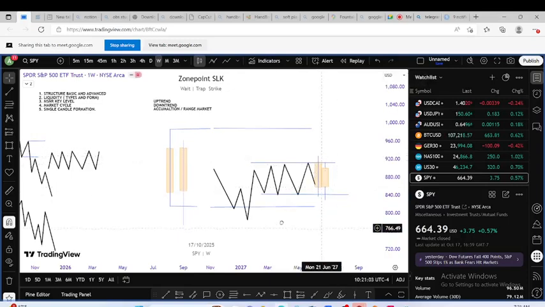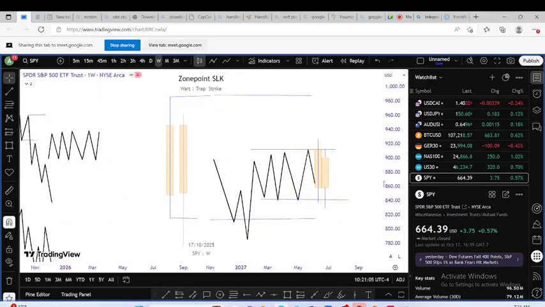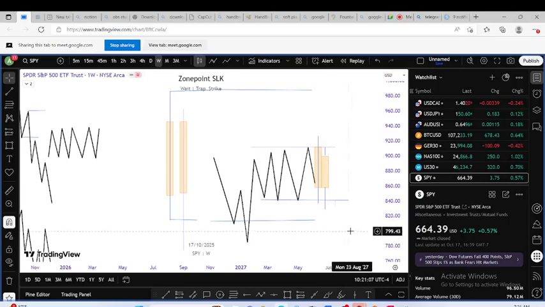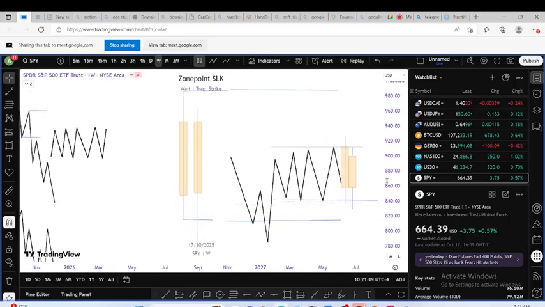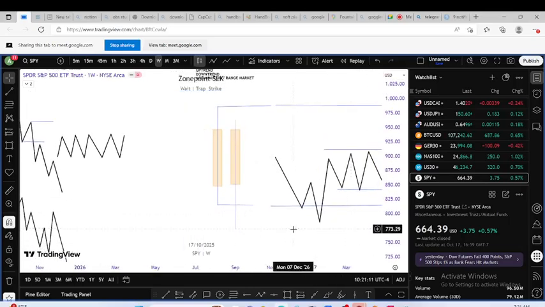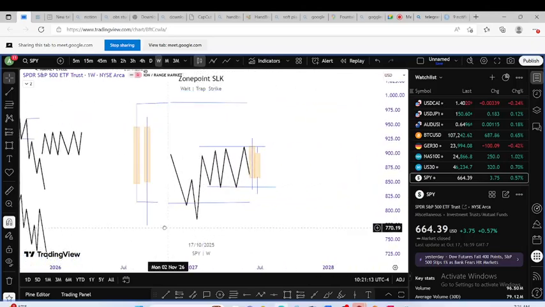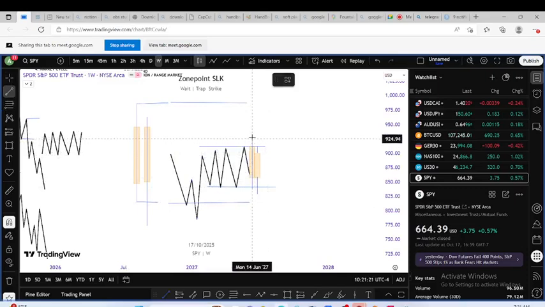Okay, so how will you take this trade? We are inside this our weekly range. How you will take this trade is you will mark the previous high, which is this, and the previous low, which is this, inside this range that we spotted.